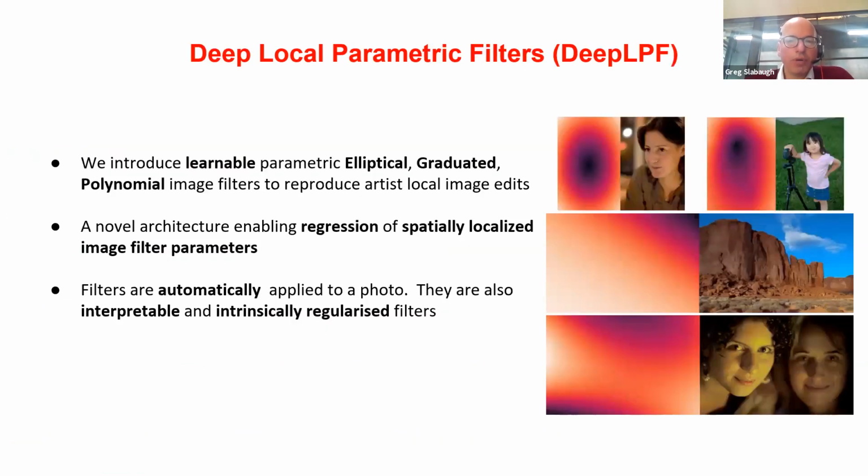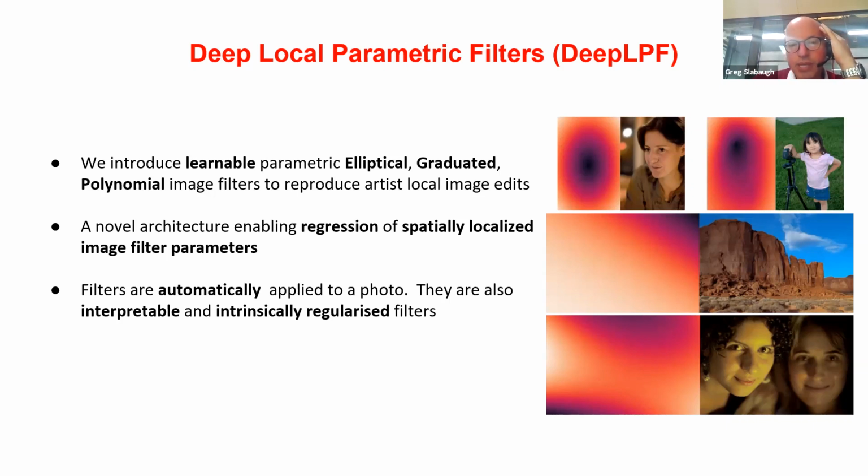So our approach, we call it deep local parametric filters, because the filters are operating locally on the image and we're using a deep network. We modeled all of these types of operations, like the elliptical filters and the graduated ones, and we used a polynomial technique to mimic the brush tool.